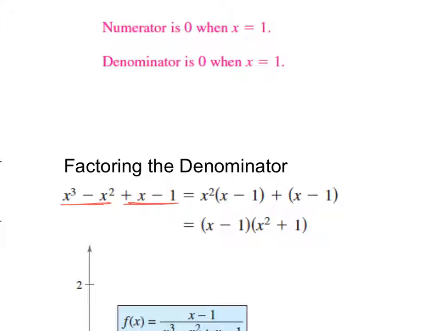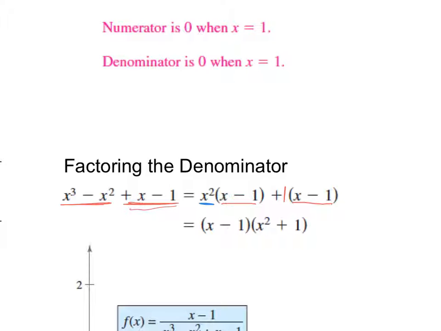In the first two terms, they have a common factor of x squared, leaving us with x squared times x minus 1 in the parentheses. This second group here already matches what was in the first set of parentheses, so we can just see this as a plus 1 times x minus 1.